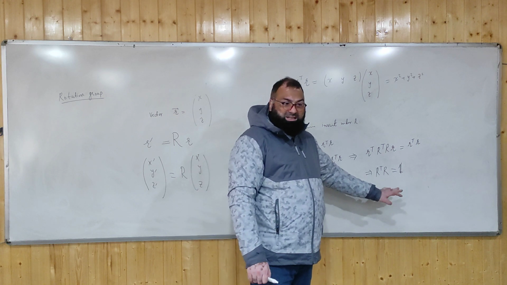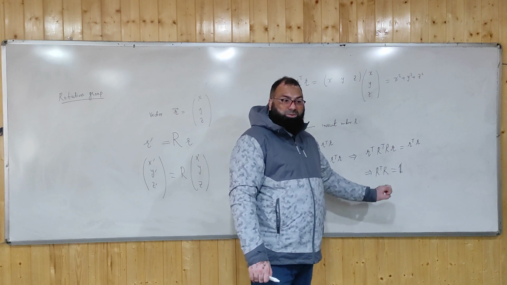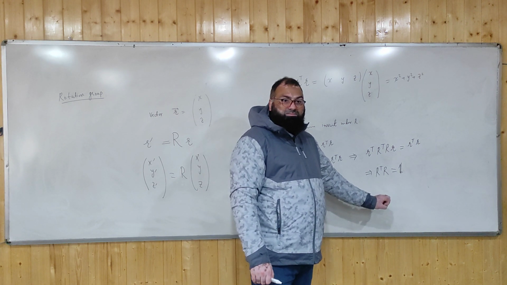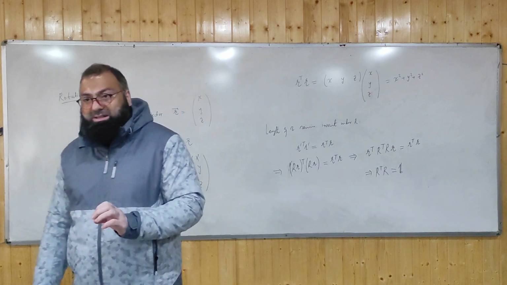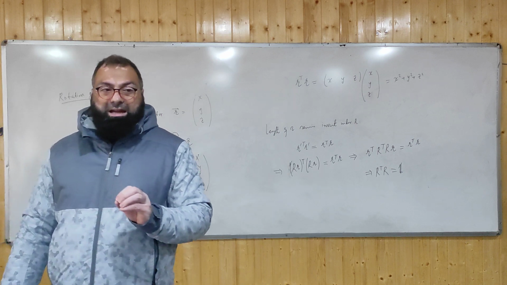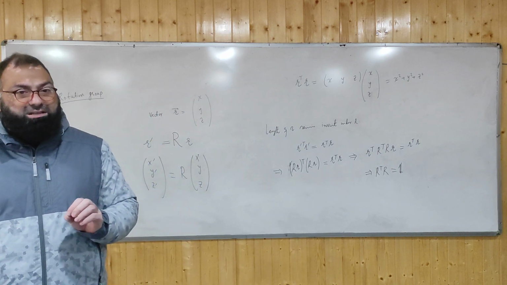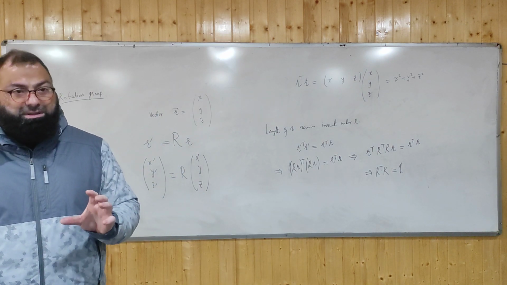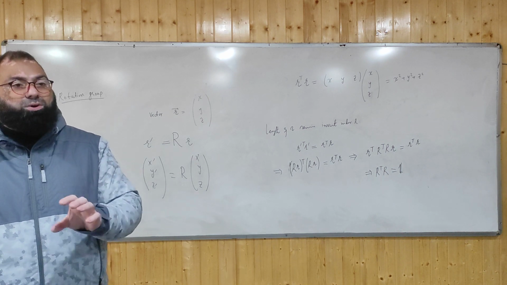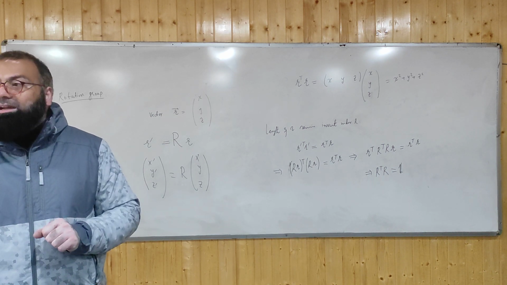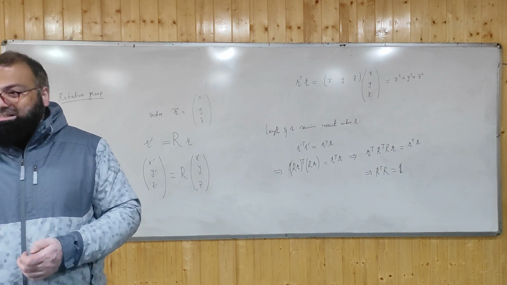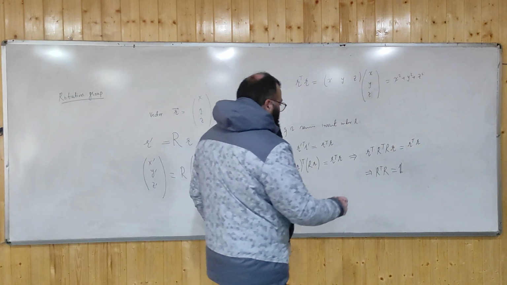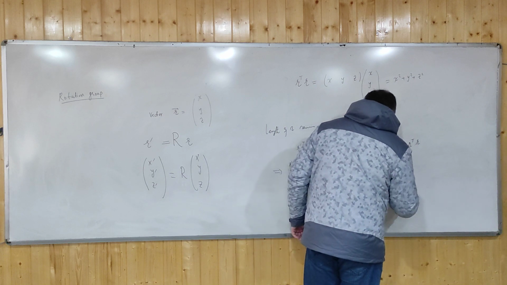So it satisfies this very condition. What is this condition known as? If you have a matrix, take the transpose of that matrix and multiply it with itself, that means O transpose O is equal to identity. What are those matrices known as? Orthogonal matrices. So that means R is an orthogonal matrix.